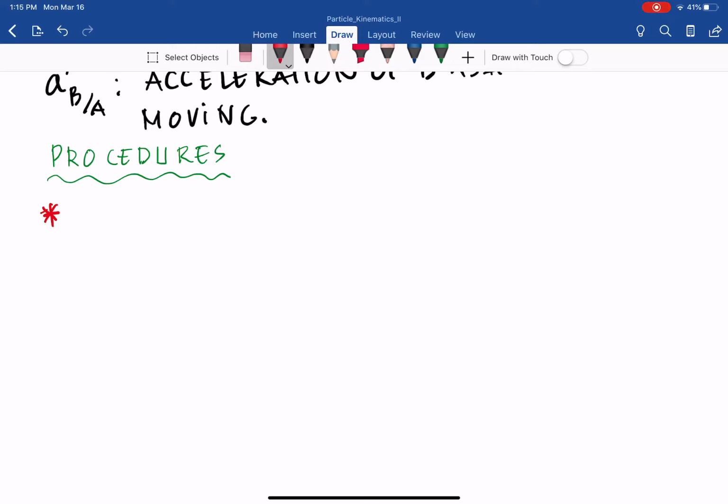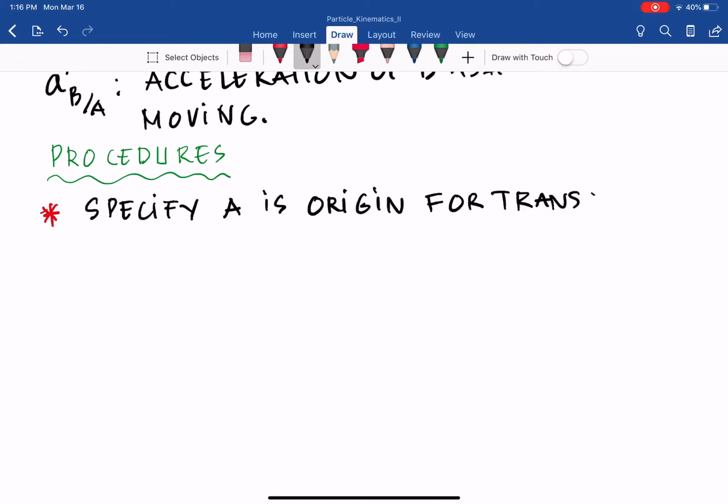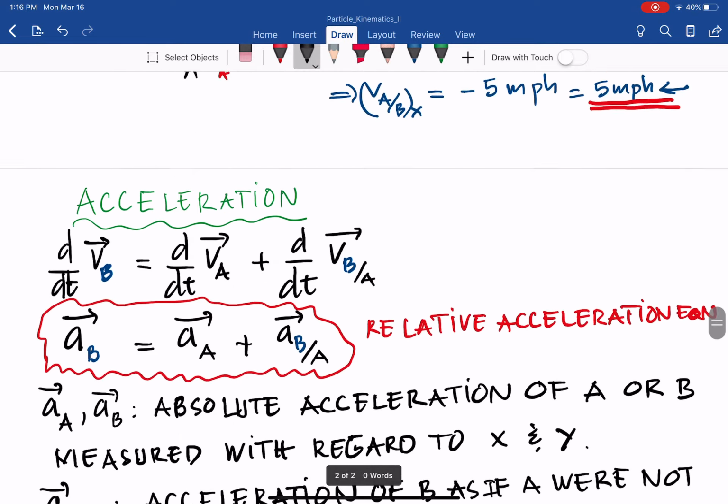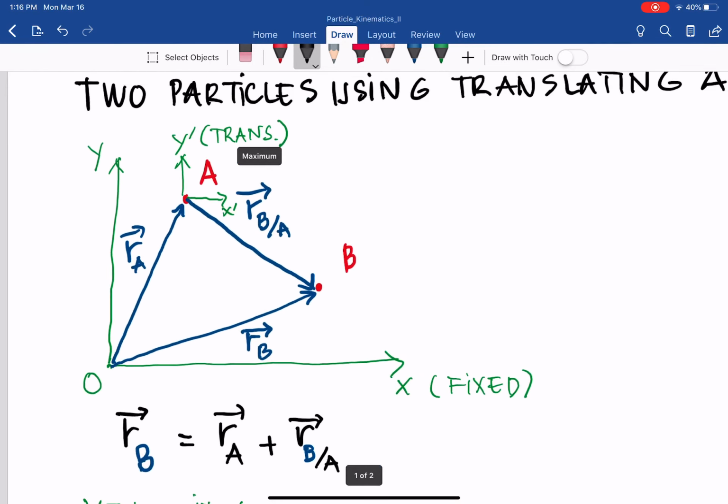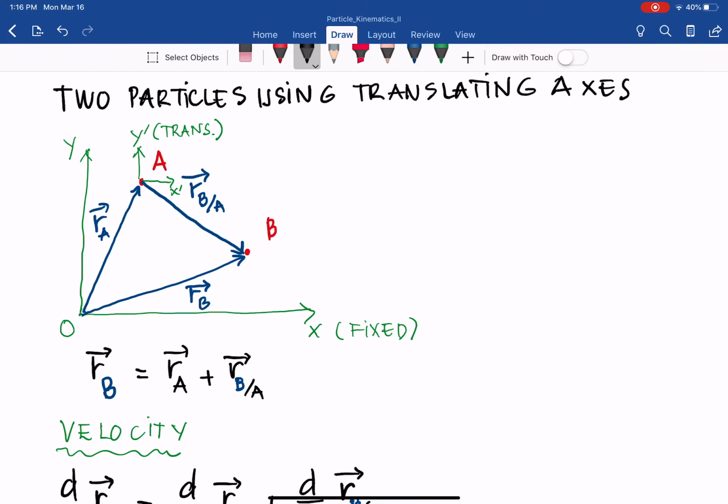The first one: we need to specify point A, particle A, as the origin for the translating axis, x' and y'. You can solve it in that translating axis, and x and y is the fixed axis.